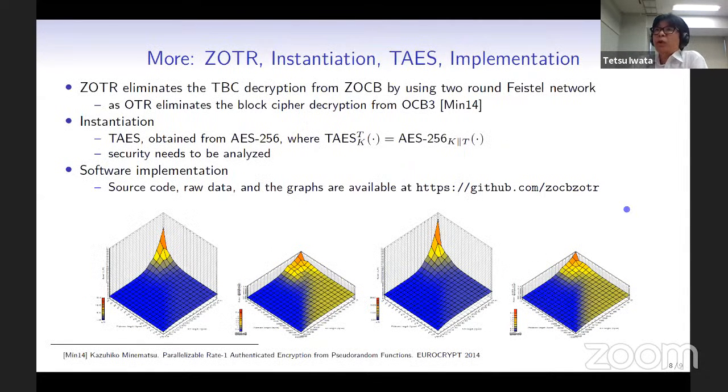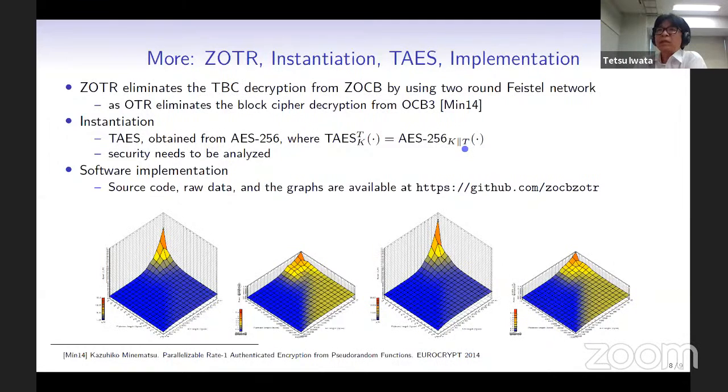In the paper, we have more about ZOTR that eliminates the tweakable block cipher decryption from ZOCB by using a two-round Feistel network. And for the instantiation, we propose TAES, which is a tweakable block cipher obtained from AES-256, where we use the concatenation of the key and tweak as the AES-256 key.